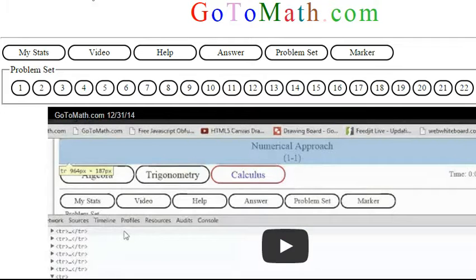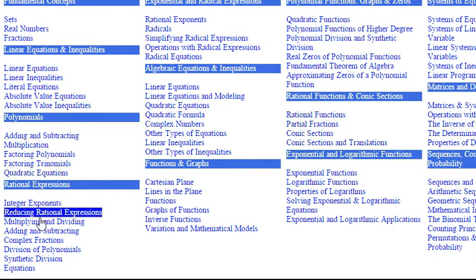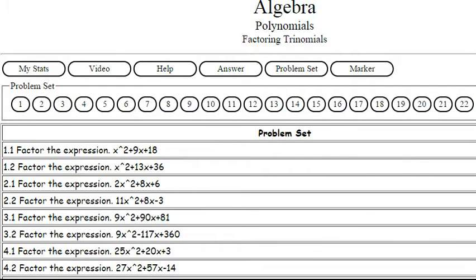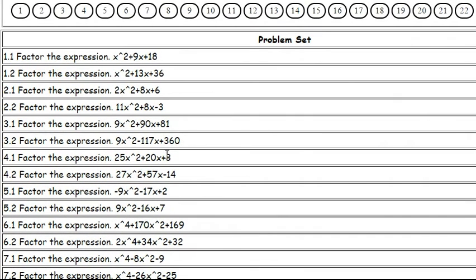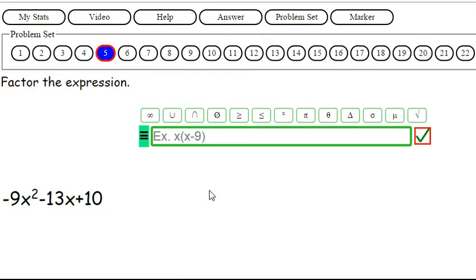Hey, we're over here at GoToMath.com. Click on the algebra. Let's go down to Factoring Trinomials. And I believe we are 5.1. Yes. 5.1. Wait a minute. I think we're doing 4.1.